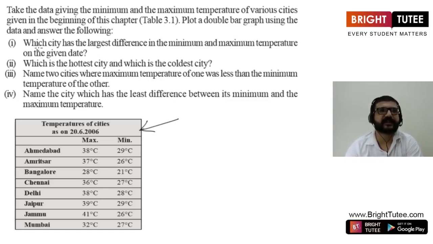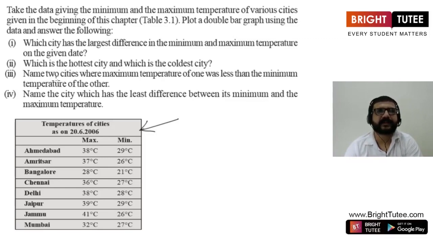The first question here is, which city has the largest difference between the minimum and the maximum temperature of the given date? The second question is, which is the hottest city and which is the coldest city?